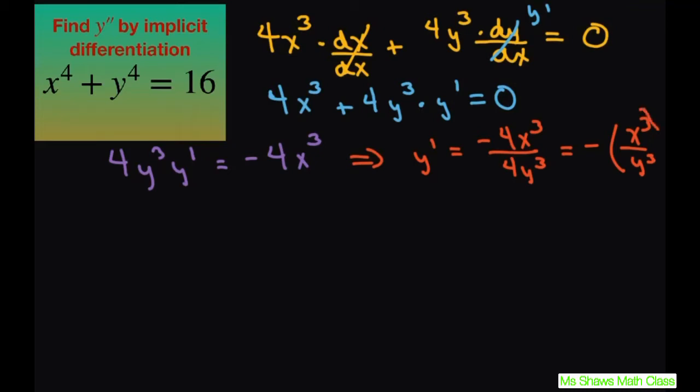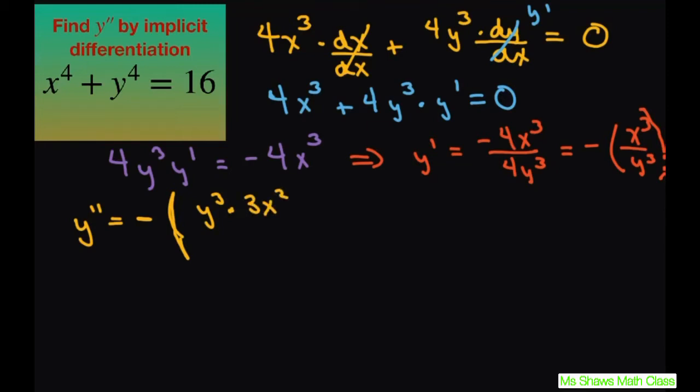All right. Now, we have to get the second derivative. So we're just going to take the derivative of that using our quotient rule. I'm going to keep the negative on the outside so we don't have to deal with that right now. And I'll make this a little bigger. So you write down y cubed times the derivative of x cubed, which is 3x squared.